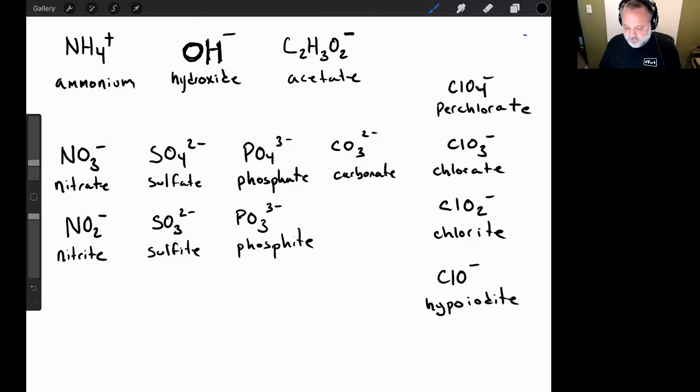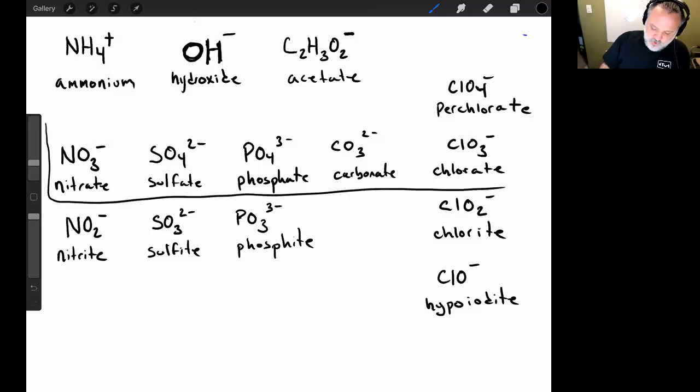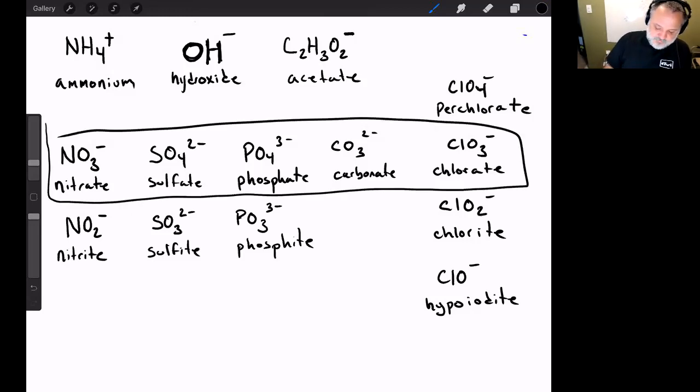The pattern still holds. We're going from 4 to 3 to 2 to 1 oxygens. So as long as you are starting to get your head around sort of knowing these, if you know those 8 ions, and you know we're going to do iodites.